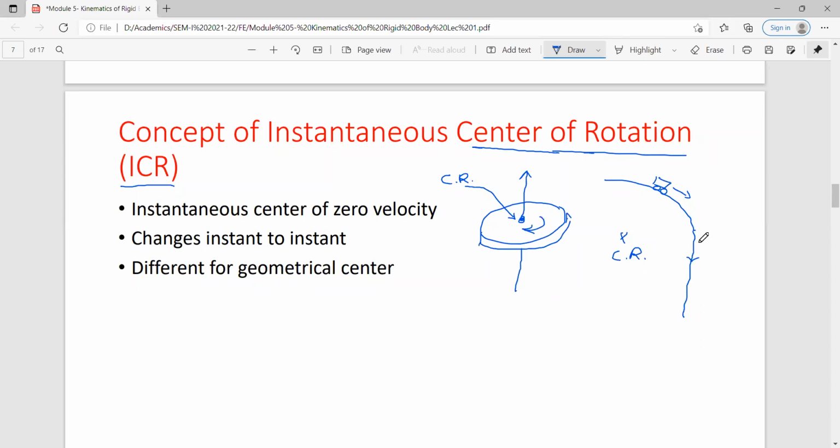Then if your car is at this particular point, can you say that the car is still rotating about this center of rotation? Yes or no? See, the curved path was only this much, where it took the turn. After that the path has become straight. So if it is moving on the straight path, you will say that now it is not rotating, and this is no longer the center of rotation.